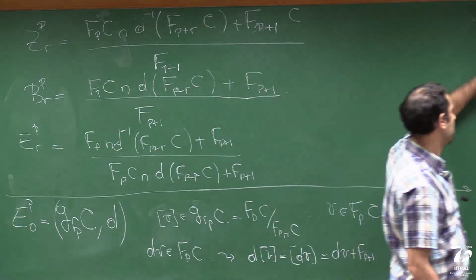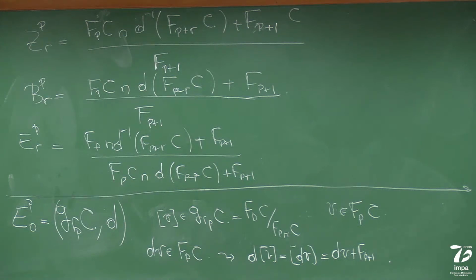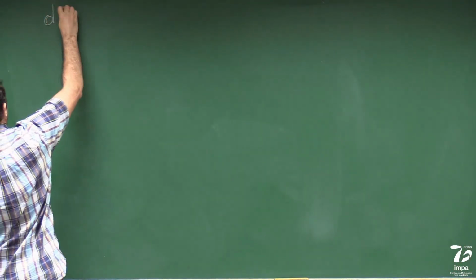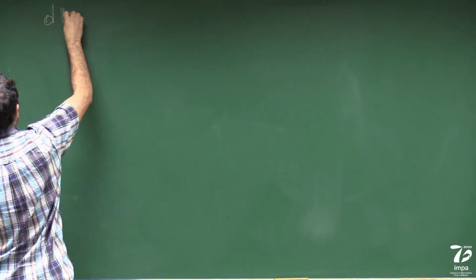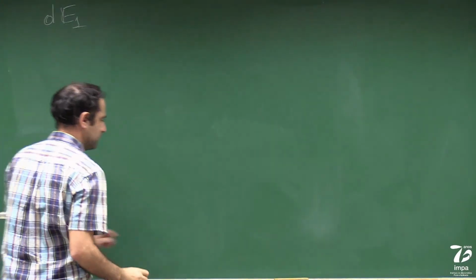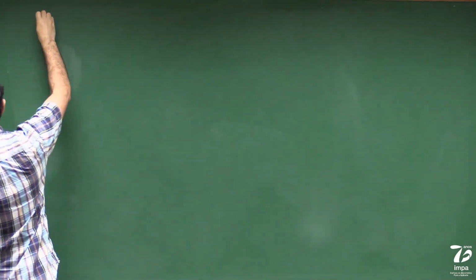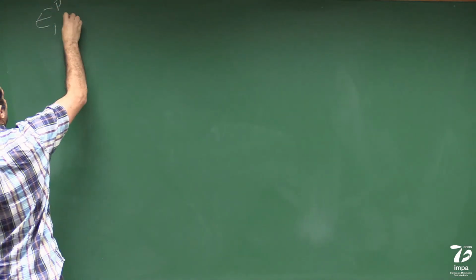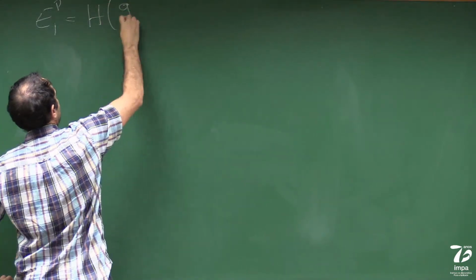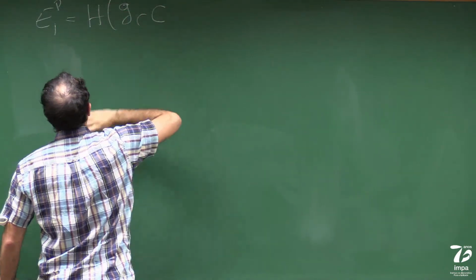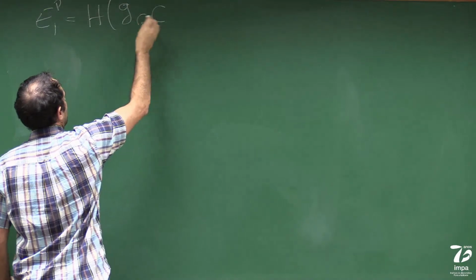So that's E^1. E^1 is the homology of Gr C, and in degree p it is the homology of that complex in degree p.